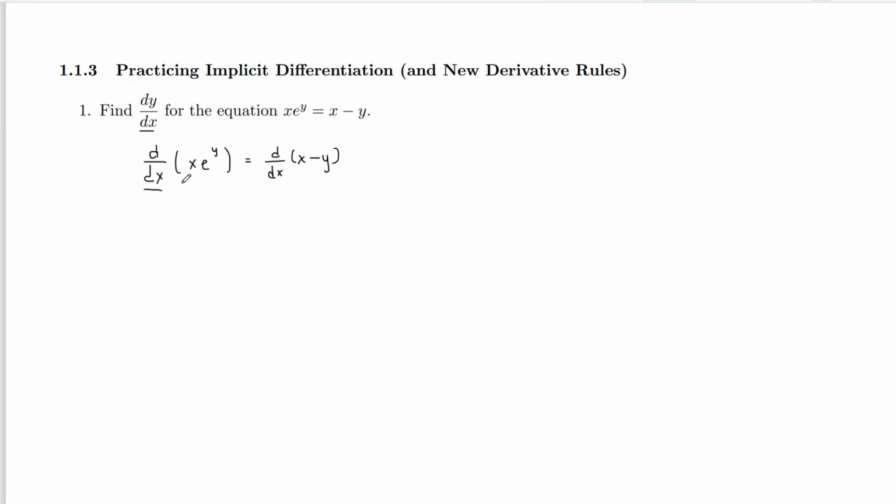All right, now the left side can definitely look a little confusing at first, but the one thing you want to do is just visualize in your head if all the y's were x's. Well, maybe not this one because we get 0 here. But if this y was an x, what would you do? Hopefully you say, I'd use the product rule. Well, you still want to use the product rule because you're multiplying two functions, x and e to the y. And what does the product rule say?